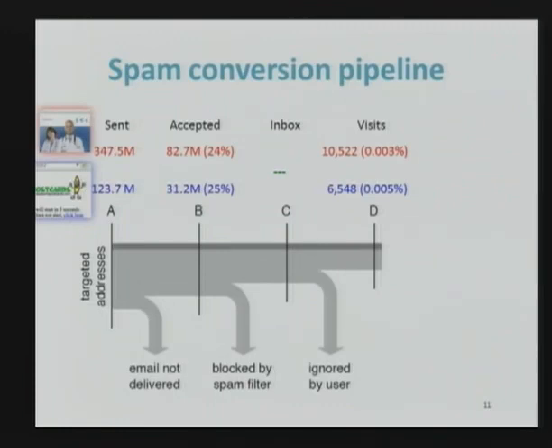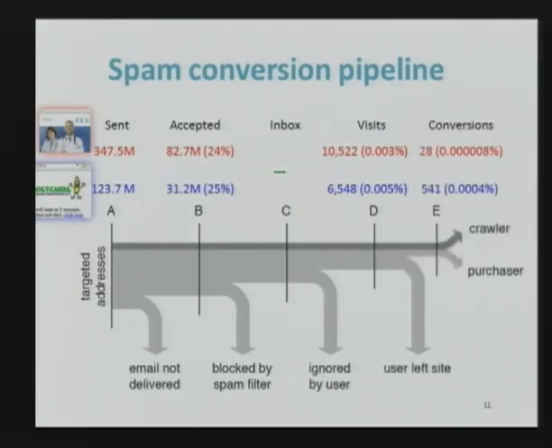And so if you want a successful conversion, you not only want them to visit this site, you want them to actually try to buy something or try to run this program to get them infected with the bot malware. So the conversion rate we saw here was, out of those 350 million targets, there were 28 end users that attempted to buy something from this online store.